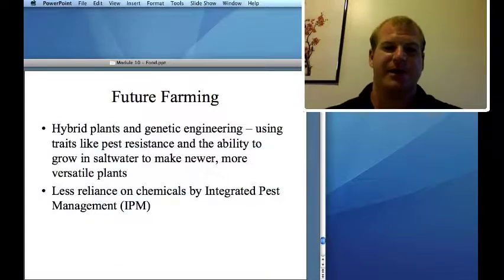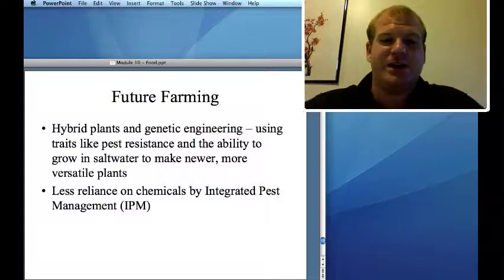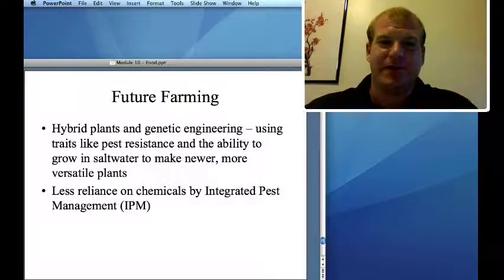So, future farming. Hybrid plants are very common now, as is genetic engineering. What they do is get certain traits into the plant, like pest resistance. A lot of plants now have certain types of pest resistance.